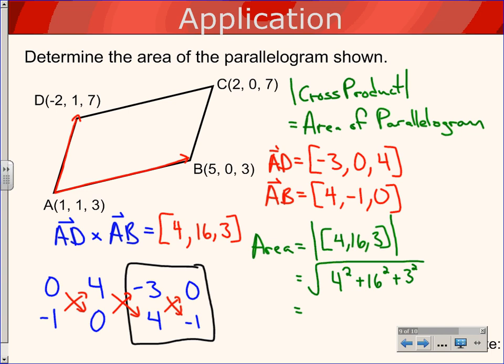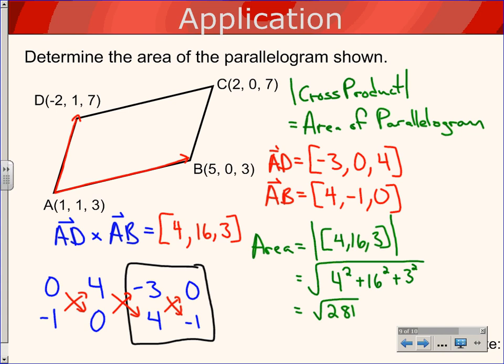And what does that turn out to be? I get 281, I think. Not sure if that reduces or not. Well, we'll leave it like that for now. Square root of 281 is the area of that parallelogram.